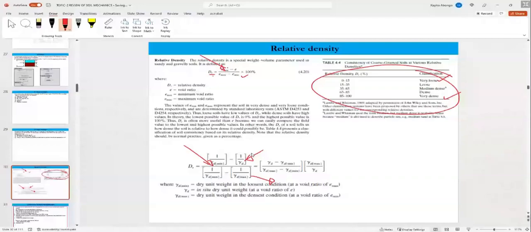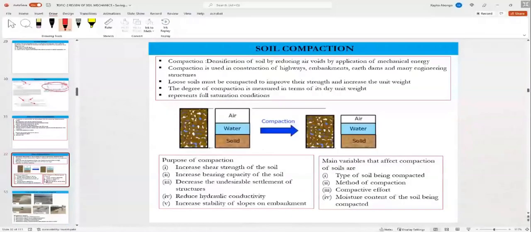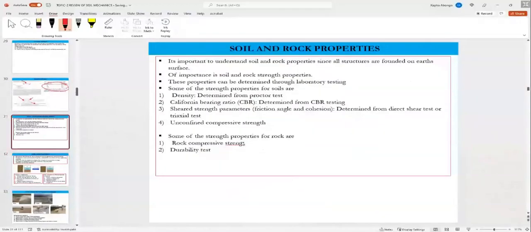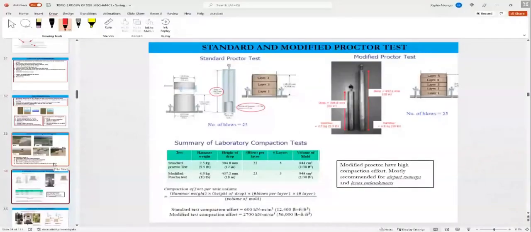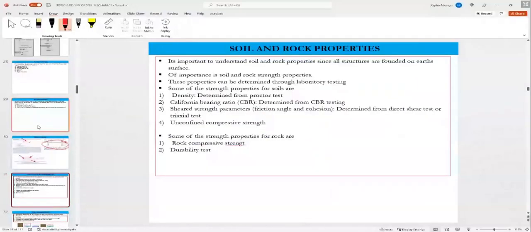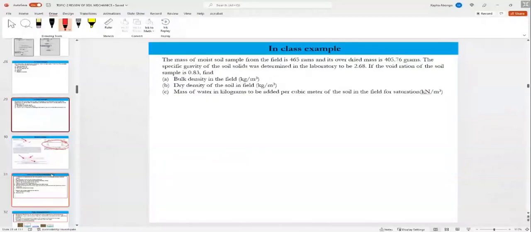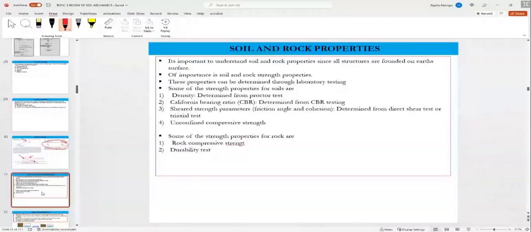Okay, everything right now is completely neutral. So let's see. Let me get to soil compaction a little bit.